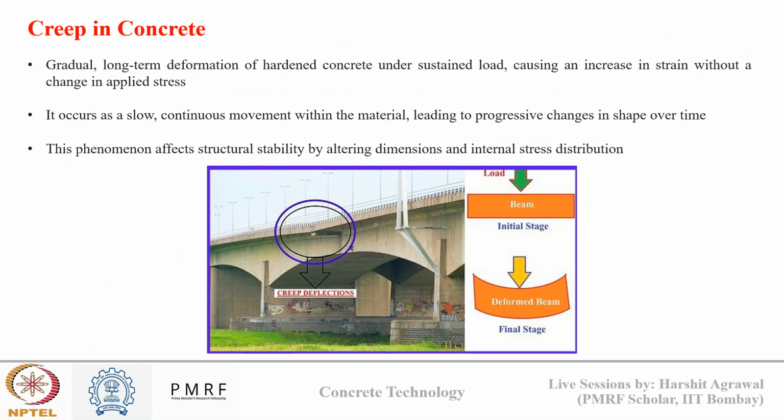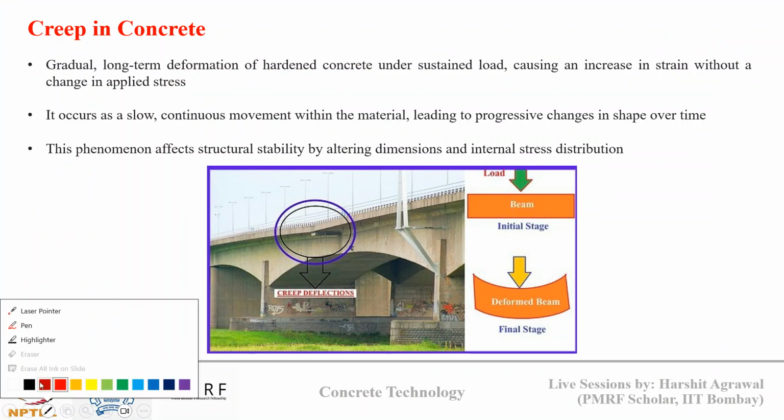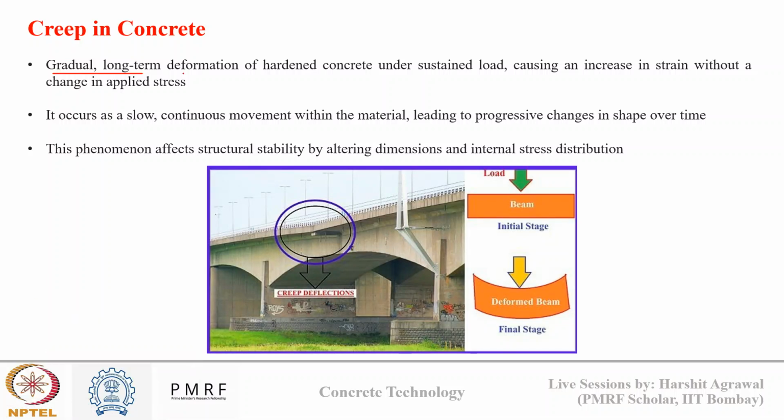The next topic in hardened property of concrete is creep in concrete. So what does creep mean? Simply, creep is a gradual long-term deformation of hardened concrete under sustained load, which causes increasing strain without change in applied stress.